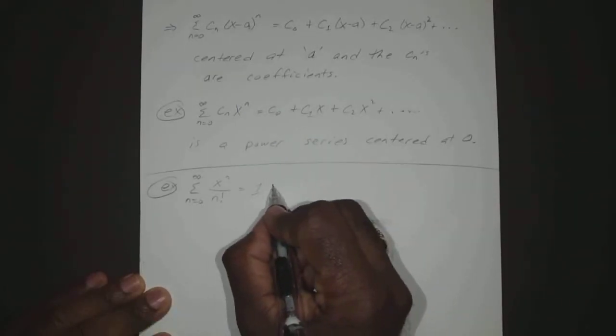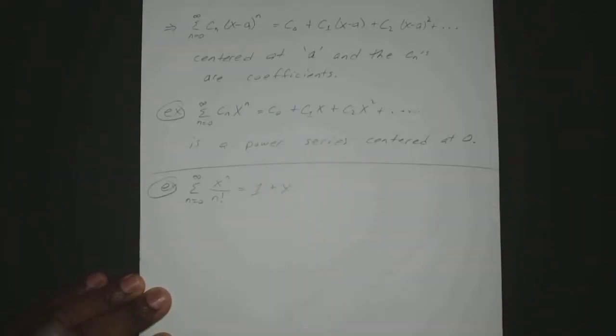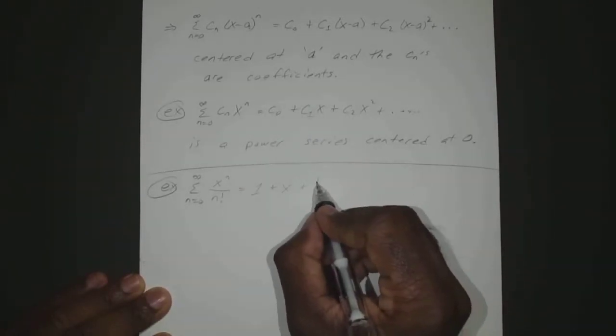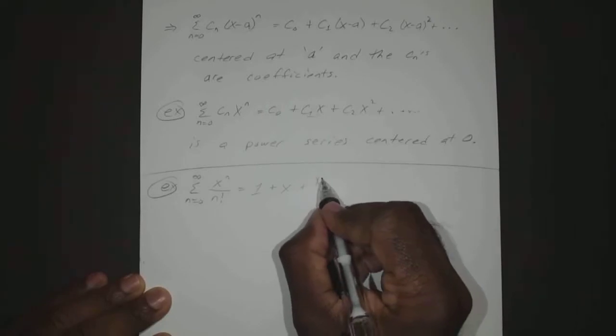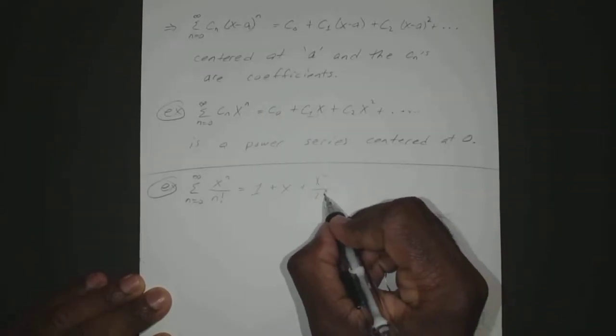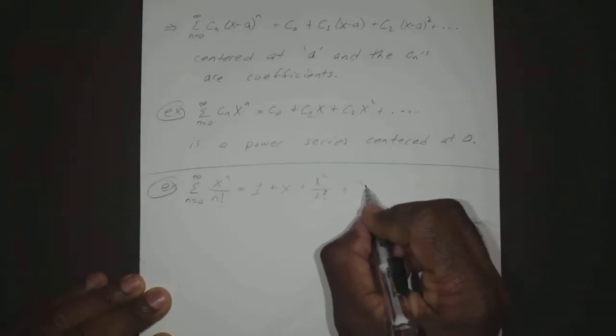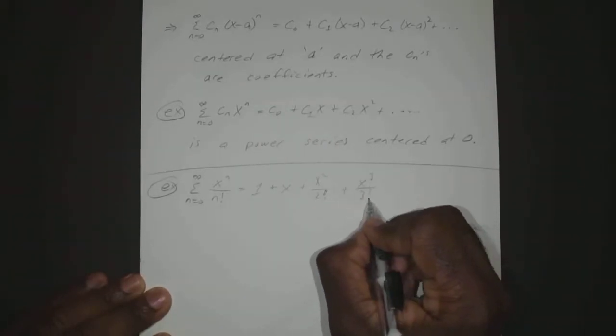Plug in 1, that's just x. Plug in 2, that's x squared over 2 factorial. Then you have x cubed over 3 factorial. And again, that's just a power series centered at 0.